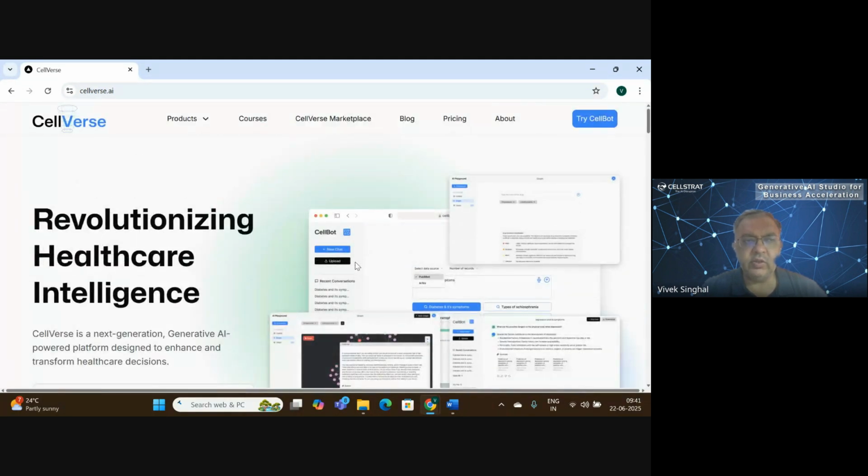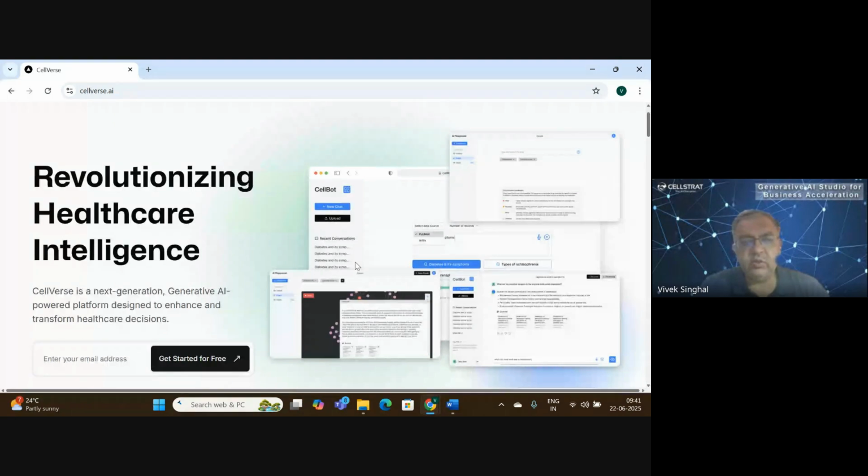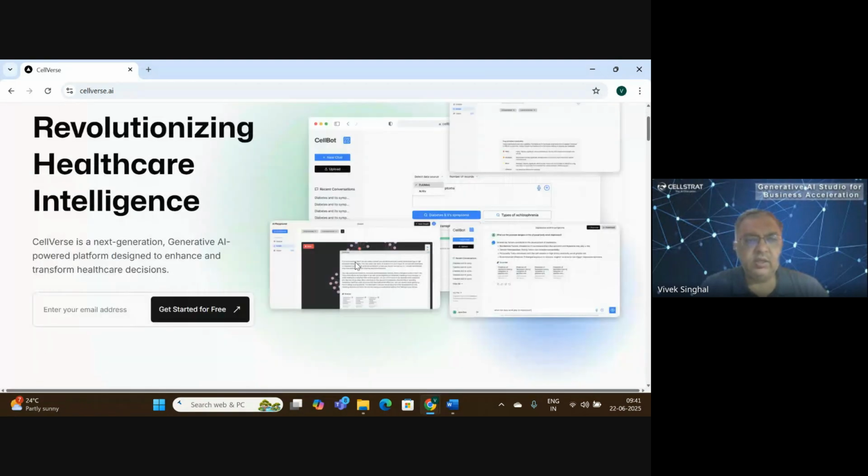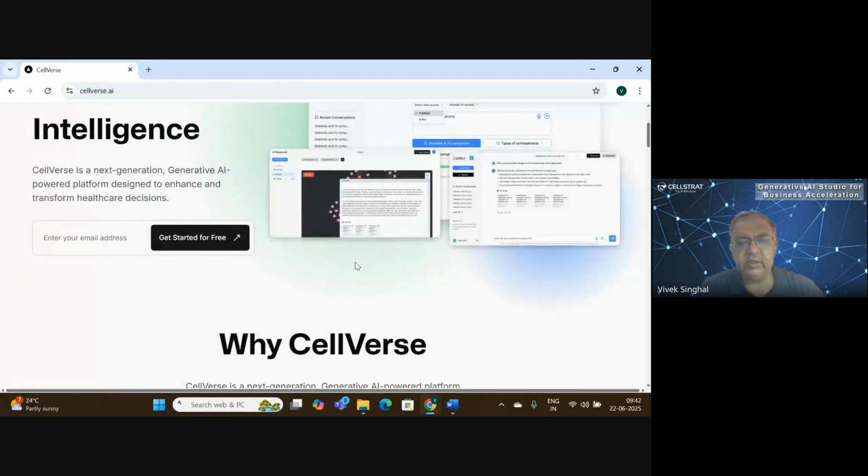CellVerse is about a universe of healthcare solutions, and so it takes on cell, which is a biological entity, as well as metaverse or universe. It's a platform for healthcare innovation using AI specifically. We are saying we'll revolutionize healthcare intelligence with the power of Gen AI and technologies.